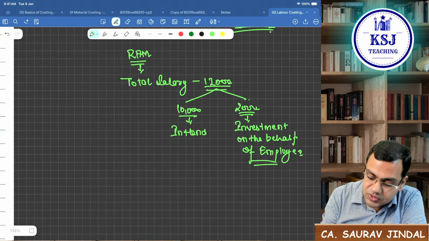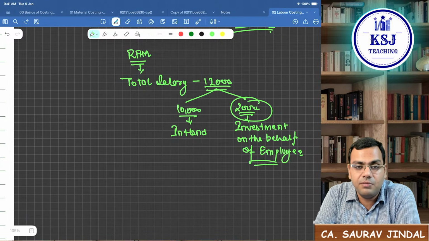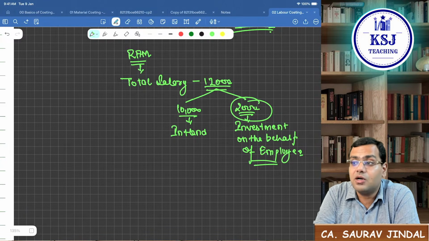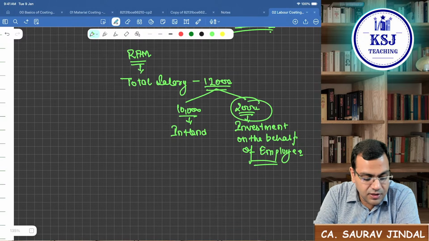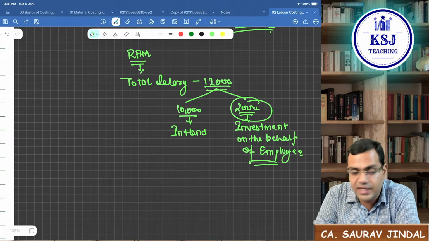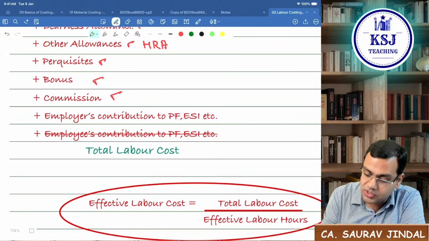Right? So this 2000 which you are investing on behalf of the employee, this is again a cost for the employer. Clear? So that is why we have added here the employer's contribution to PF and ESI. This is the investment.